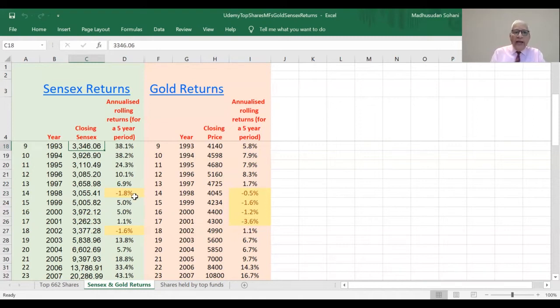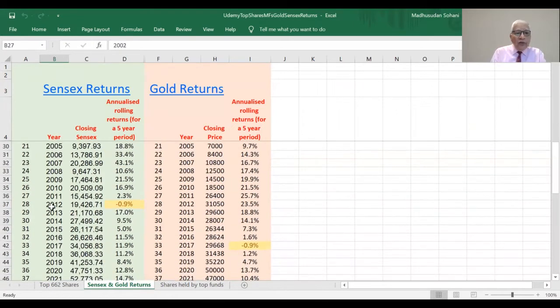So on 3 occasions, in 1998, 2002 and 2012, the returns have been negative.